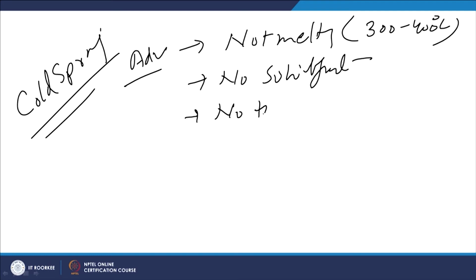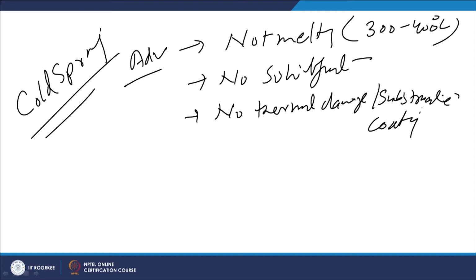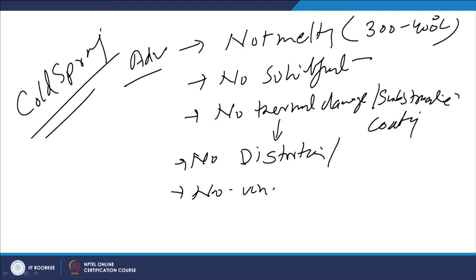There is no thermal damage to both substrate as well as coating material. So, absence of thermal damage leads to no distortion tendency and no undesirable metallurgical transformation. So, these are few extremely favorable points associated with this.